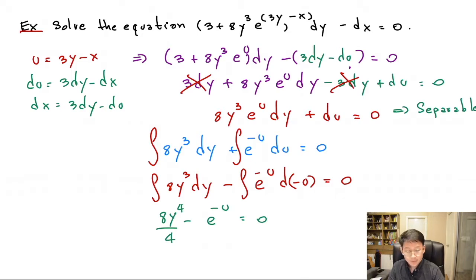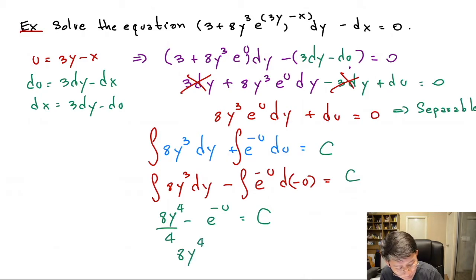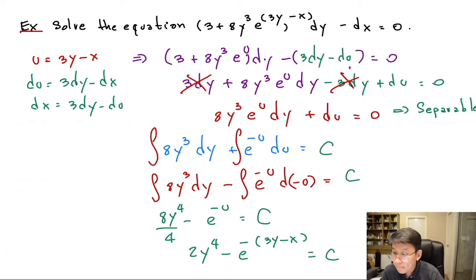And then I substitute back. My bad, this must be c, and this is c as well, sorry. After you integrate you get a constant, right? So here you substitute back, you get 8y to the 4, and the 8 cancels out, so you get 2y to the 4 minus e to the minus u, which is 3y minus x, equals c.